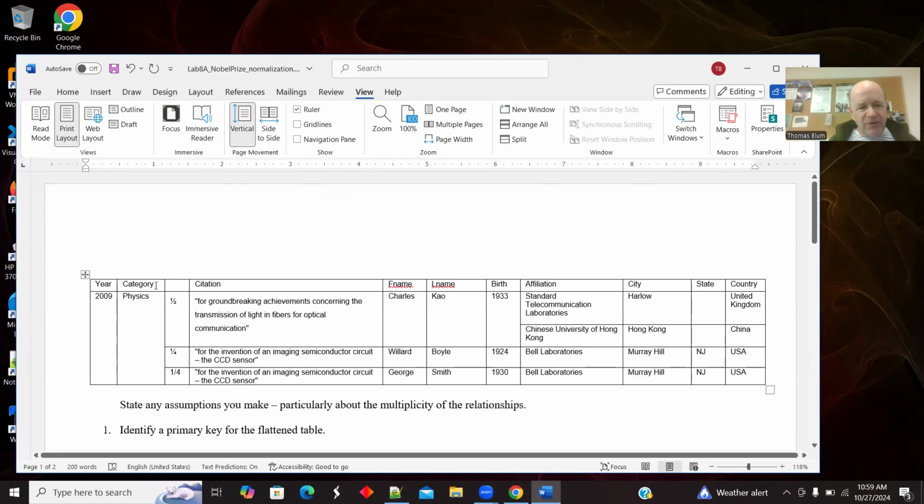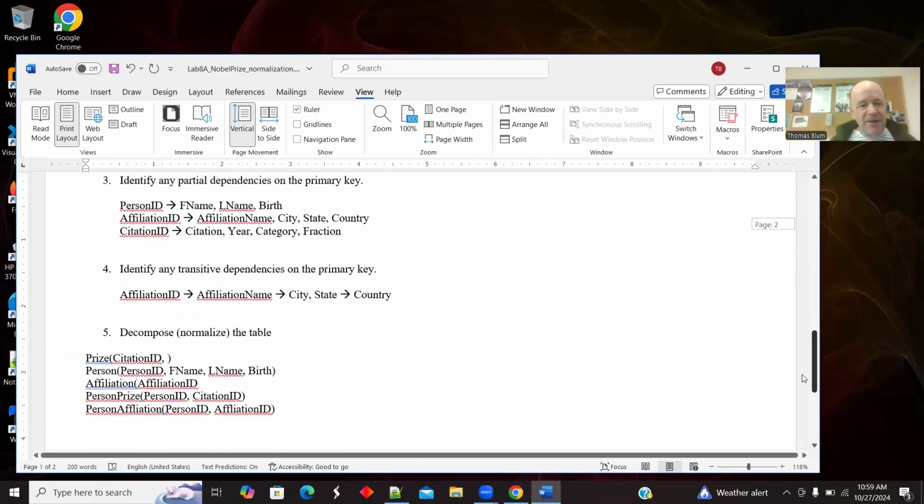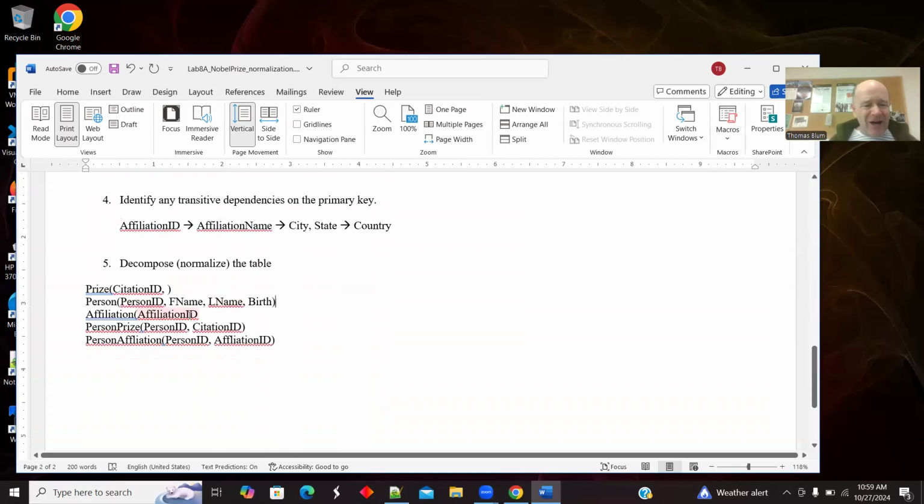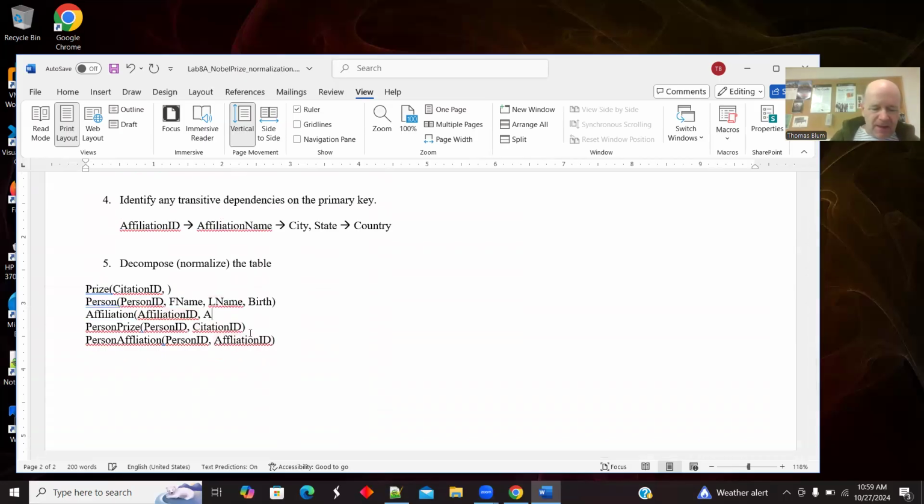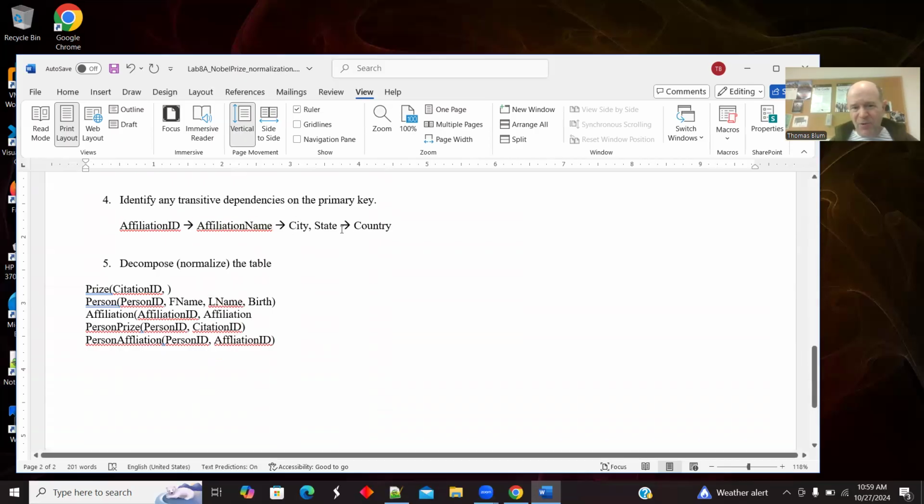What did we have? We had year, category, fraction, citation, first name, last name, birth. So we've figured out where they go. They go with the person. We have the affiliation, the city, the state, and the country. And we could pull out, we saw that it might be possible to have some further transitive pulling out of city, state, country, separating it out a bit.